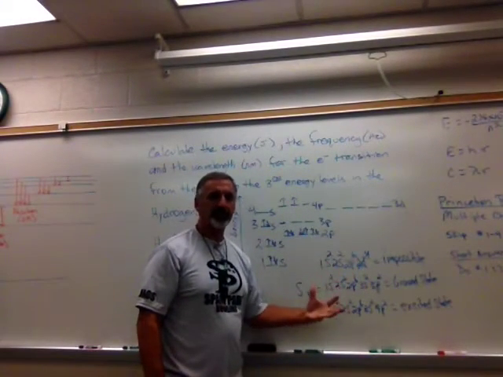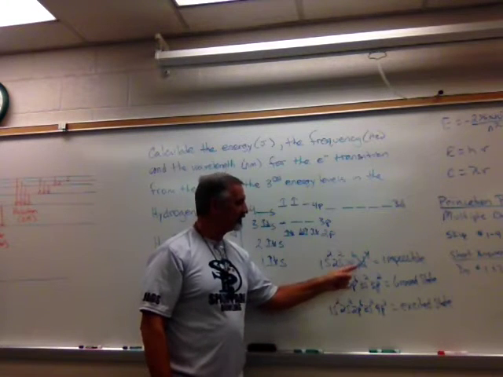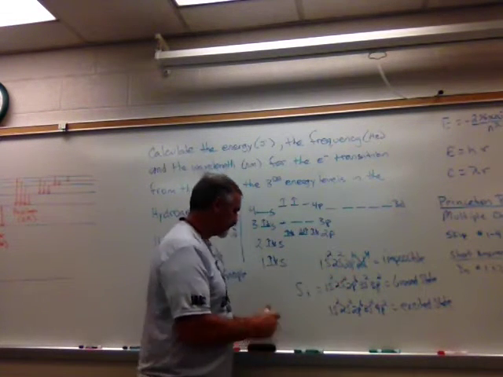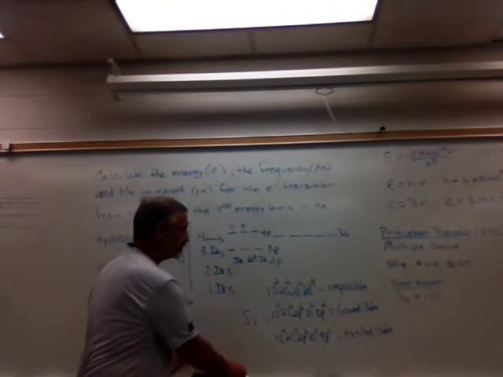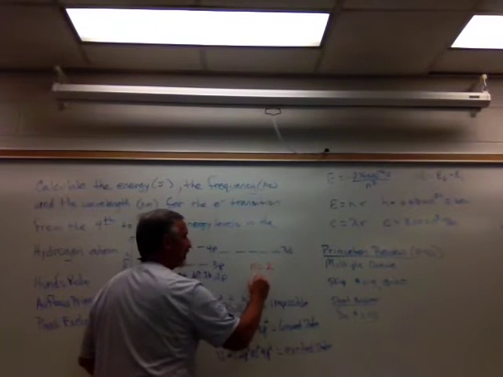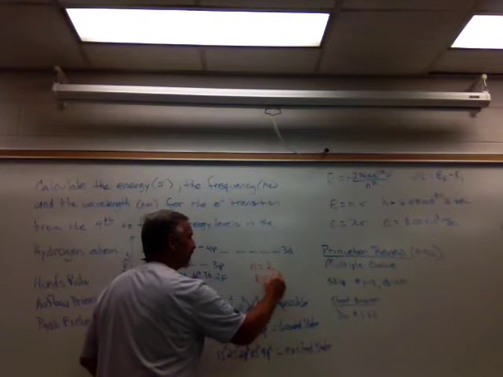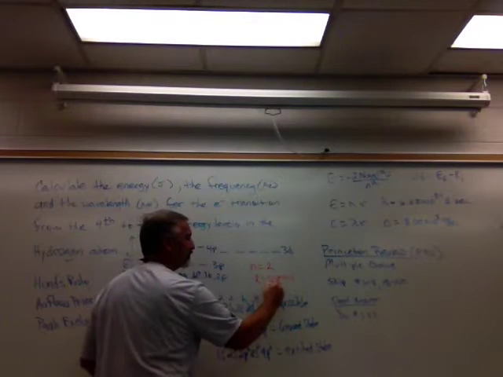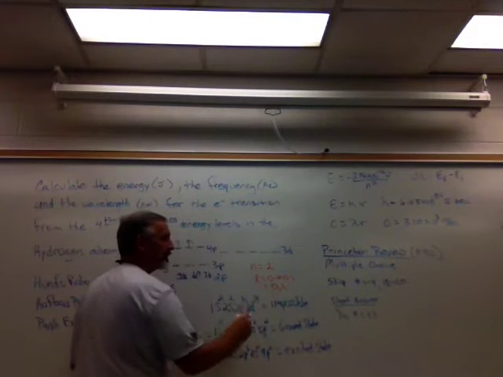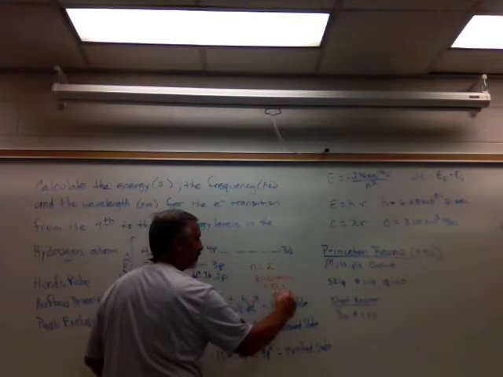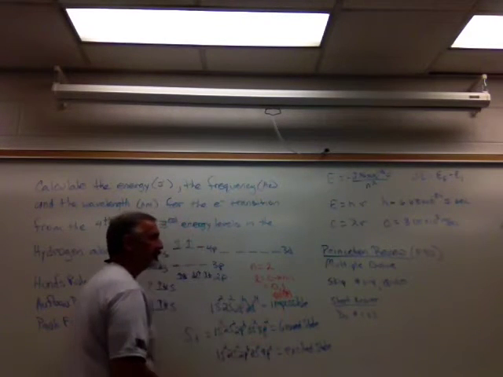Now, in terms of quantum numbers, why can't you have a 2d? Well, if n equals 2, L can only equal from 0 up to n minus 1, which means that it can only equal 0 and 1. 0 corresponds to the S, 1 corresponds to the P sublevel.